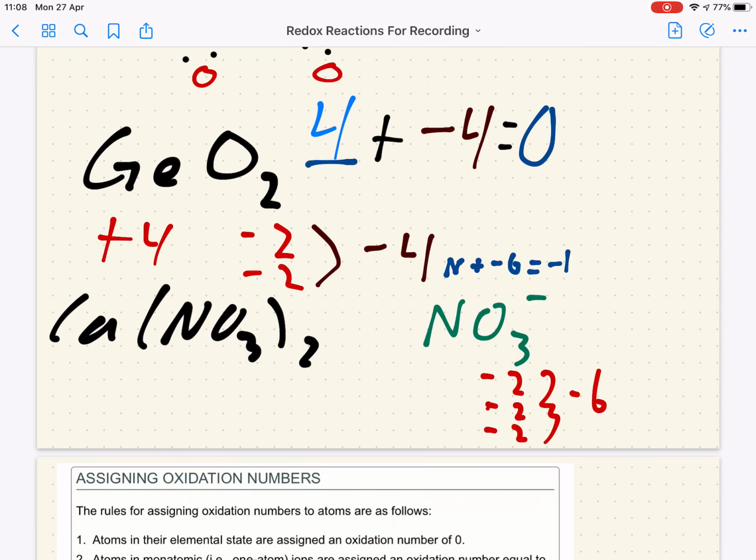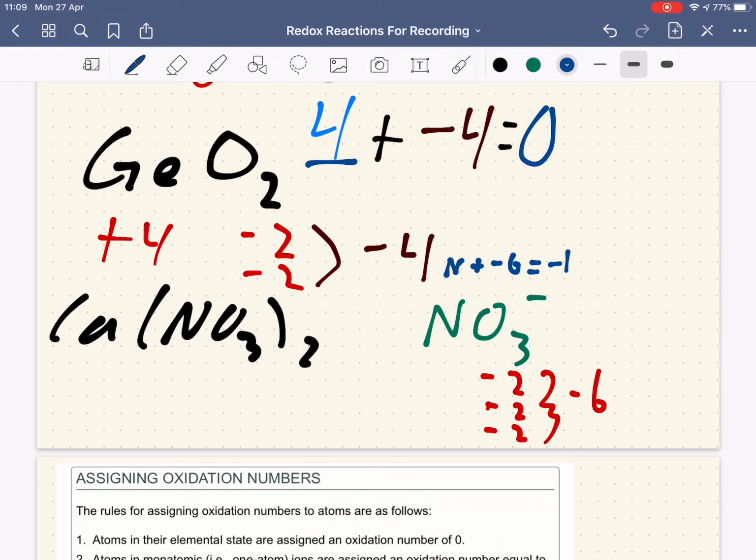So what's that nitrogen going to be? 5, right? 5 plus -6 is equal to -1. So we can add that in there, and now we know that the nitrogen is going to be +5. Okay?